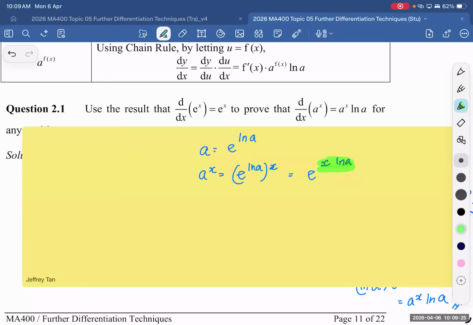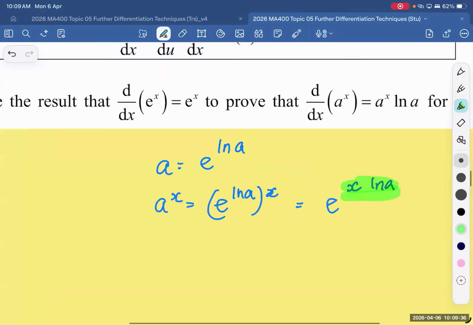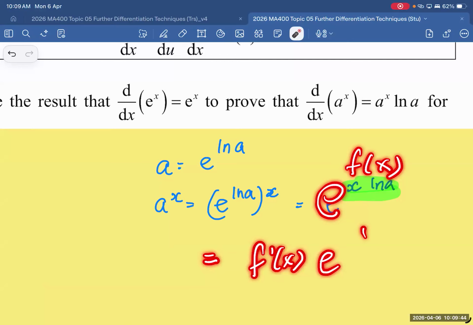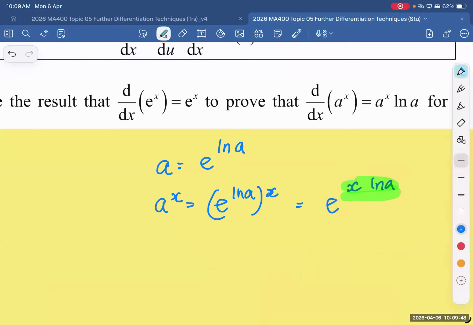If I differentiate 2x, what do I get? 2. Differentiate 3x, what do I get? Differentiate (ln a)x, what do I get? So if I see this as f(x), then I get f prime times e^f(x), by formula number 1.